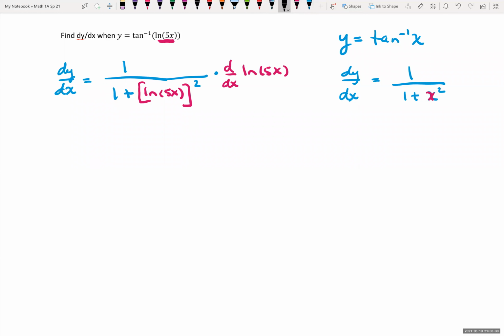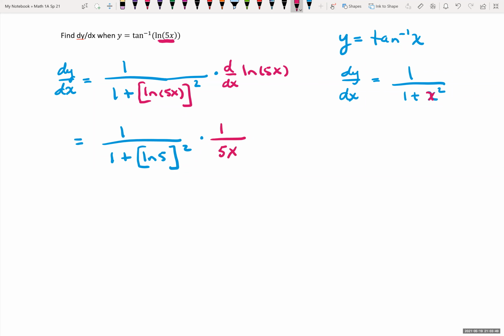Okay, so rewriting this, we got 1 all over 1 plus the natural log of 5x quantity squared times the derivative of natural log of 5x. Well, the derivative of a natural log of something is 1 over that something, so 1 over 5x.